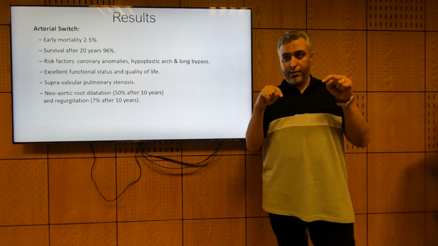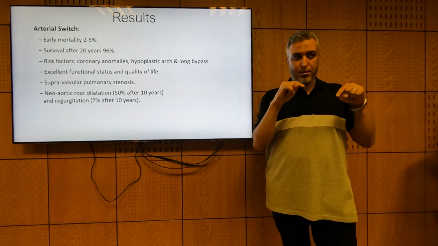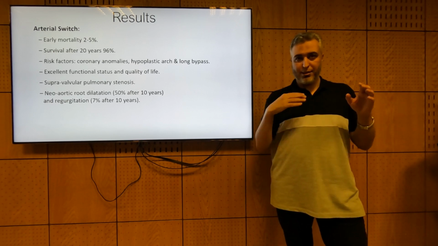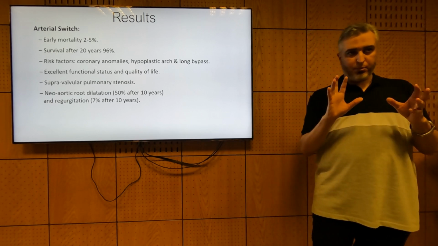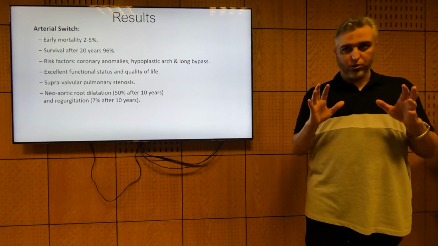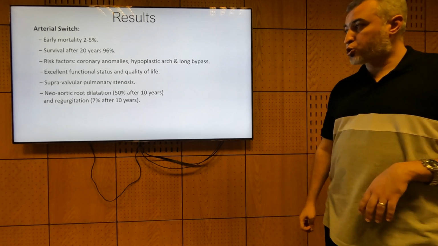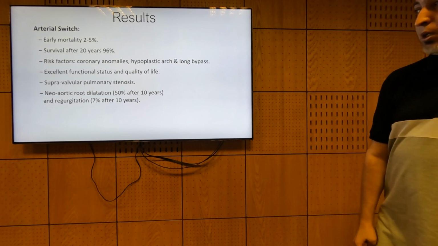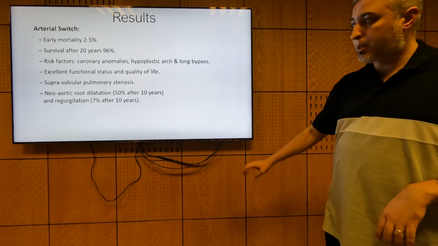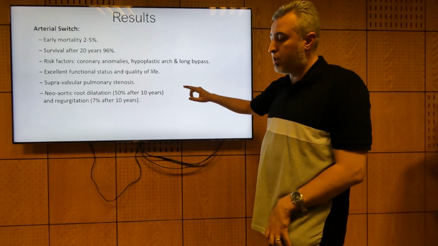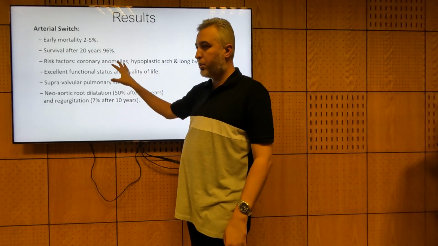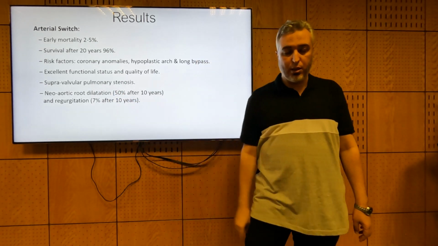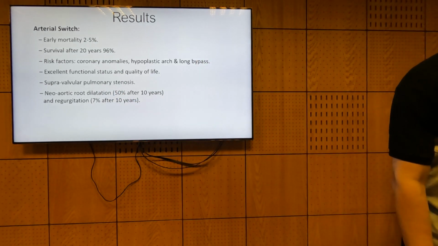On the other hand, this root has also been incised to implant coronaries, so this can also develop torsion and distortion in the roots. Some of these patients will require reoperation for the root dilatation or because of the aortic regurg.